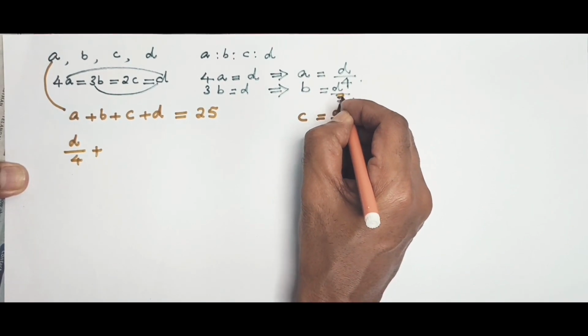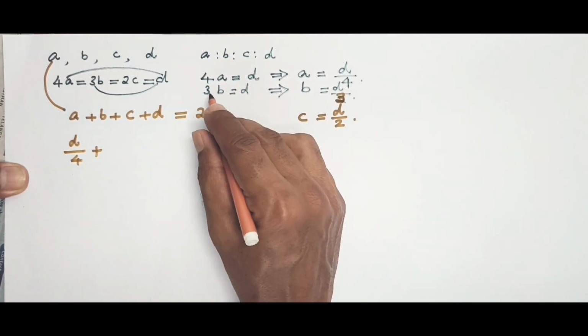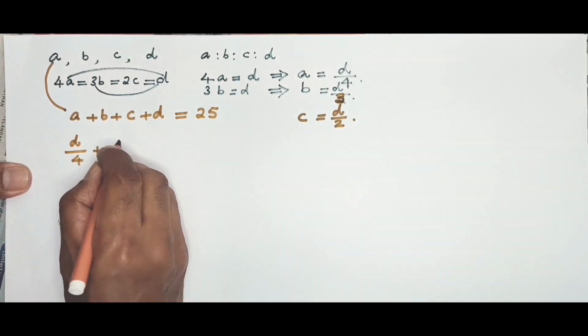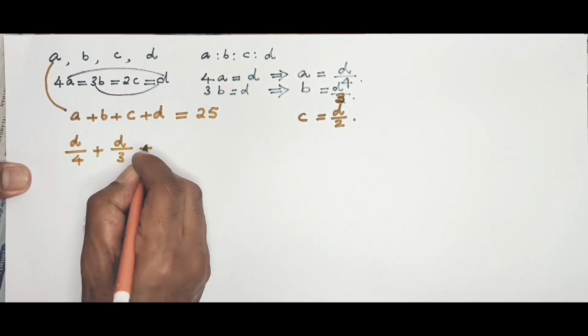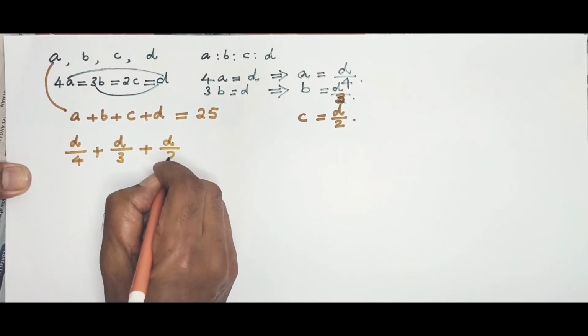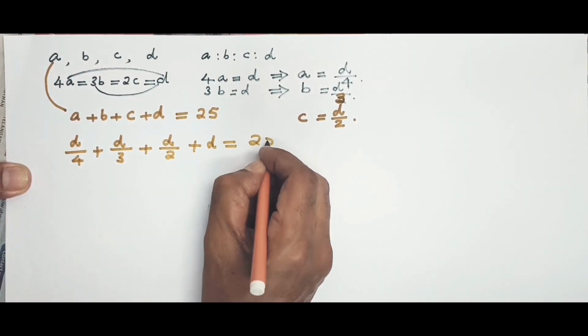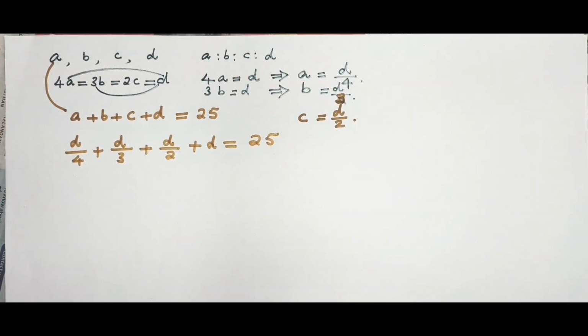Sorry, I made a mistake here. This is 3. When 3 is taken to the right side, you have D divided by 3. So D over 3 and C is D over 2. And the last one, D, equals 25. Now we got a simple equation with just one variable, D. We can easily solve for D.